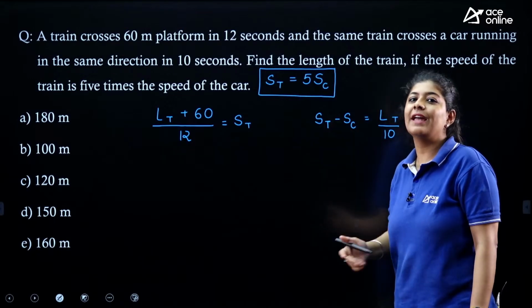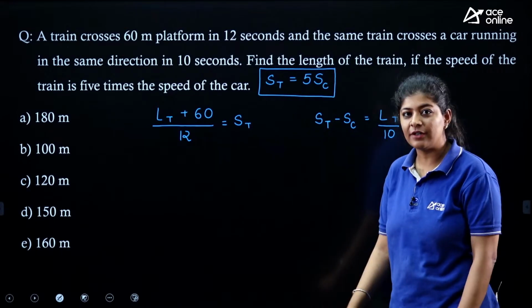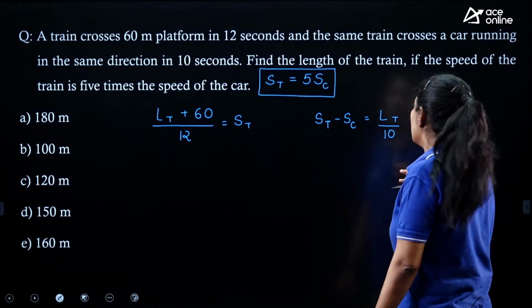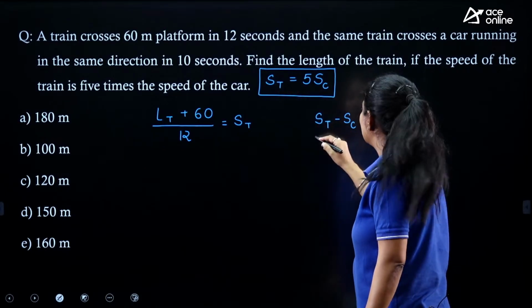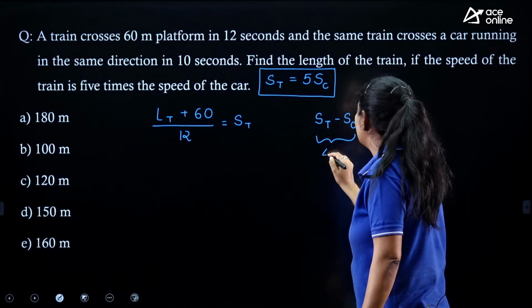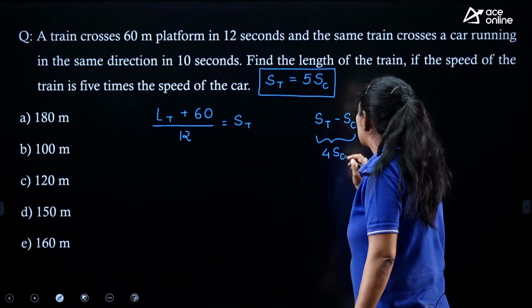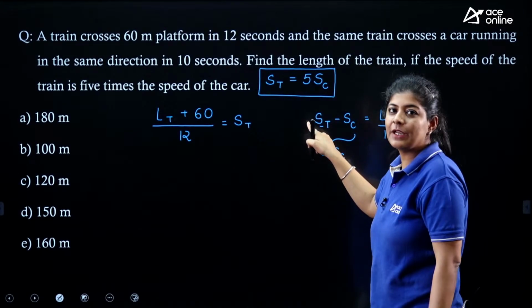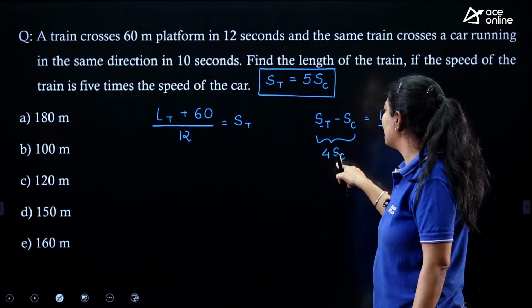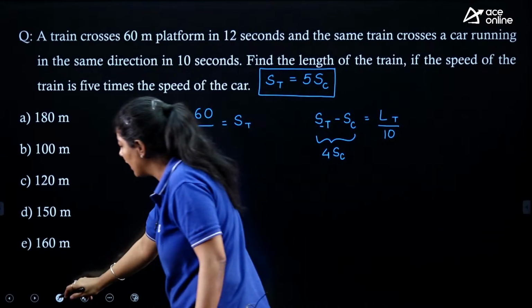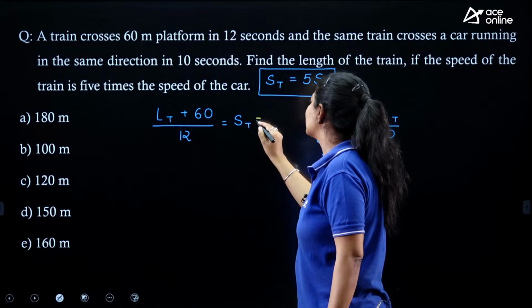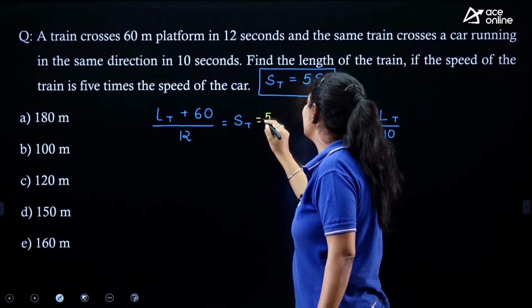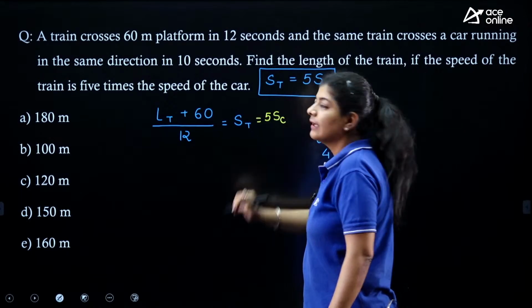Because the length of the car is almost negligible in front of the length of the train. Now if I have this particular relation, ultimately I am getting 4 SC, because when I replace the speed of the train with this one, I get 4 times the speed of the car, right? Now we can also replace this with 5 SC, right?